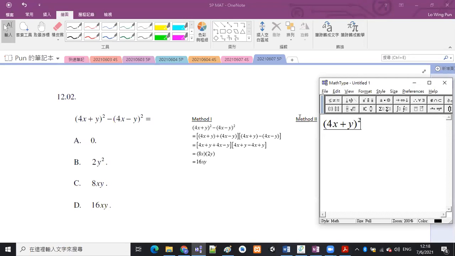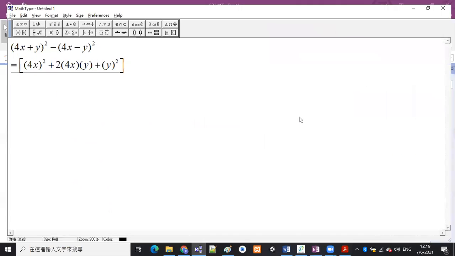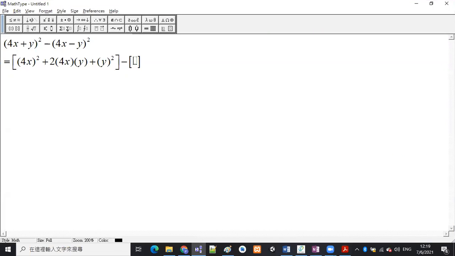4x plus y square minus 4x minus y square. Okay, I'm going to use the identity a plus b bracket square to expand the bracket like this. A square plus 2ab plus b square. And then for the second bracket, I use the identity a minus b bracket square.